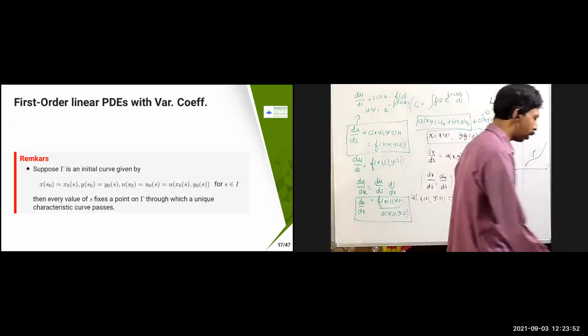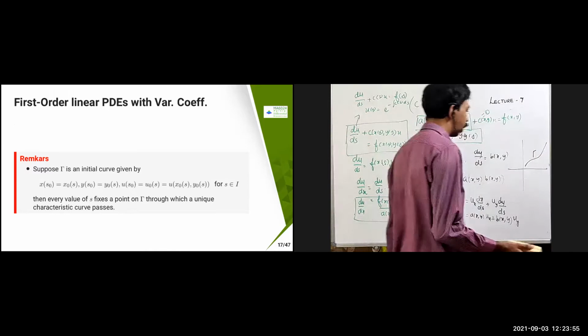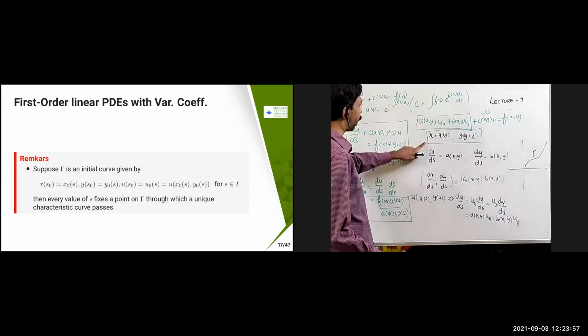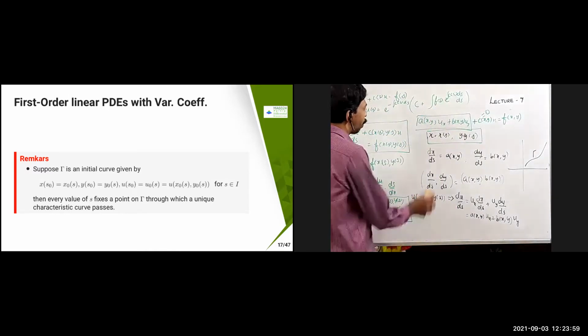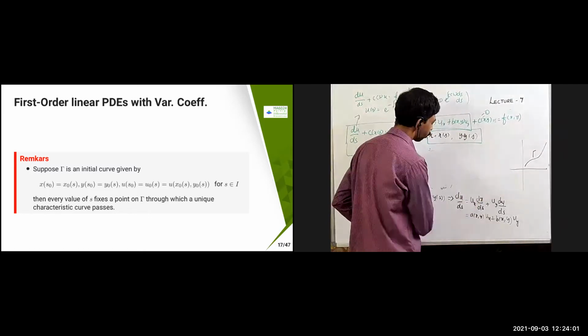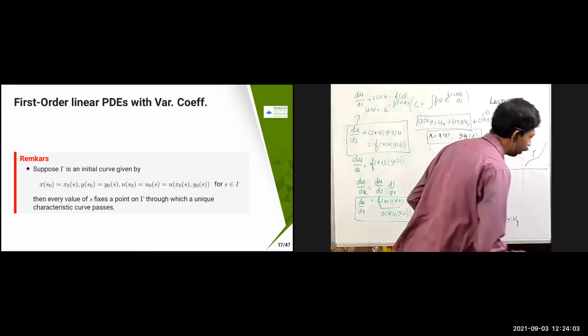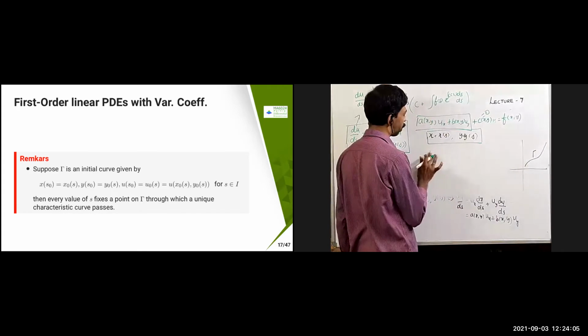So for example, I'm just giving a remark on this one. So this is my problem, right? x equal to x of s, y equal to y of s. Suppose I'm giving the initial condition, whatever I explained in the last one, I'm just repeating it.